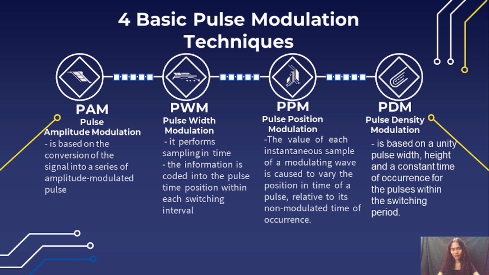Next is PPM, or pulse position modulation, where the value of each instantaneous sample of a modulating wave is caused to vary the position in time of a pulse relative to its non-modulated time of occurrence. Next is PDM, or pulse density modulation. It's based on a unity pulse width, height, and a constant time of occurrence for the pulses within the switching period.